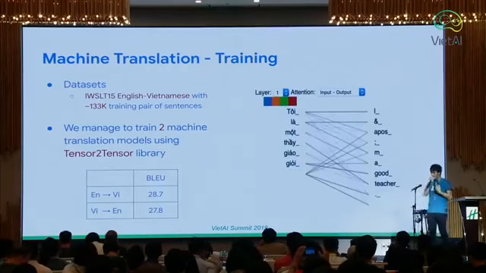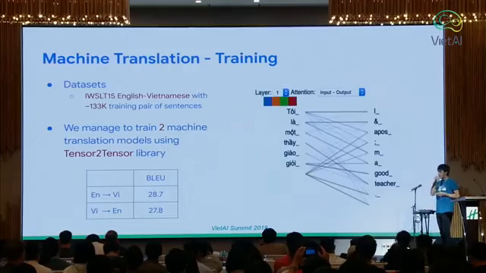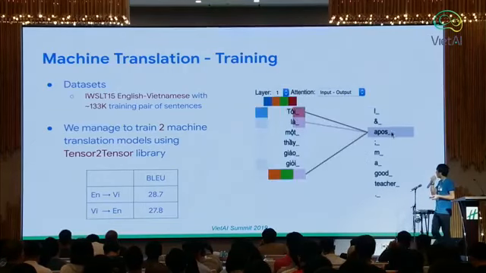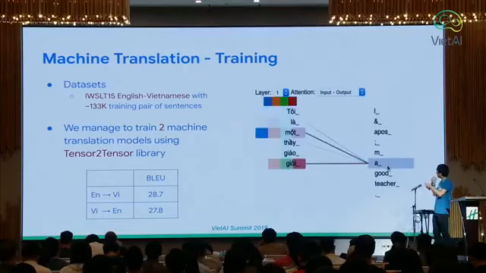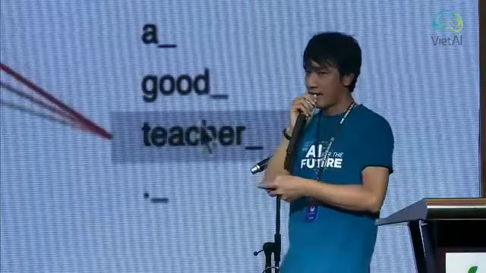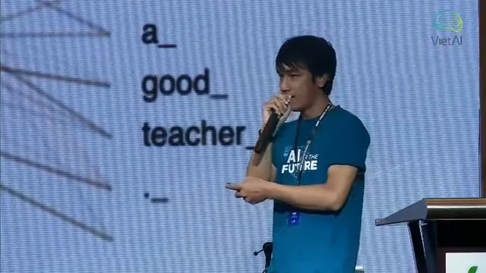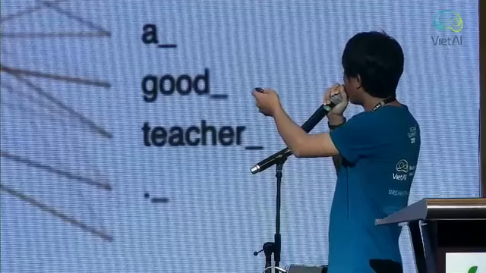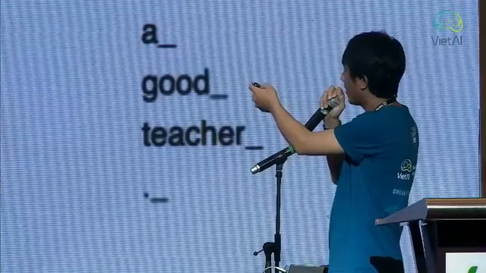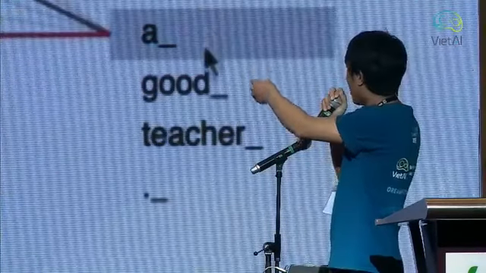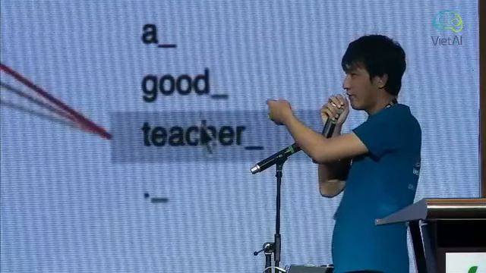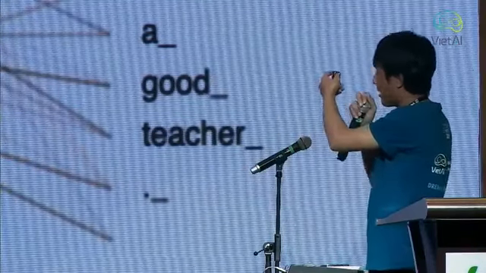After training, we also analyzed our translation model by examining the attention mechanism in the transformer. As you can see, we have the sentence "Tôi là một thầy giáo giỏi." When translated using the transformer, it becomes "I am a good teacher."